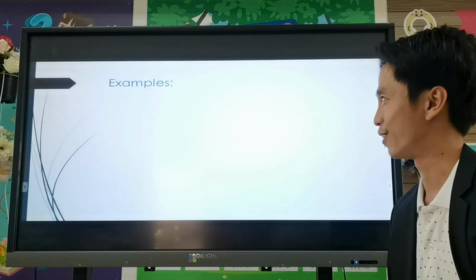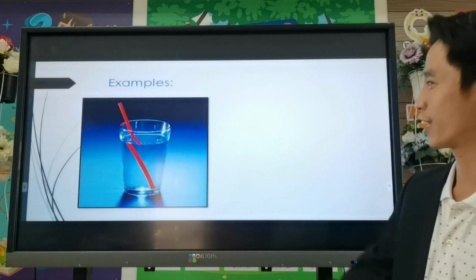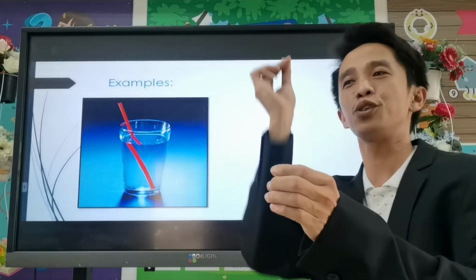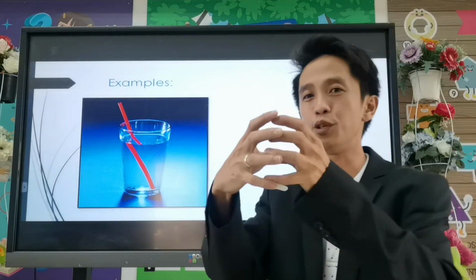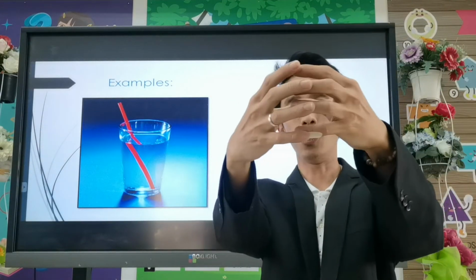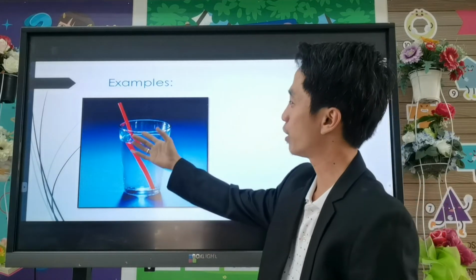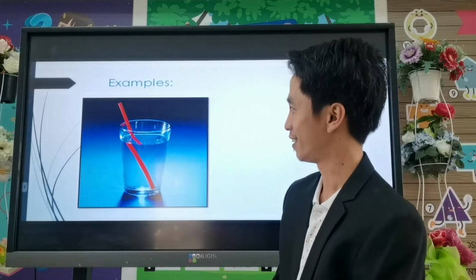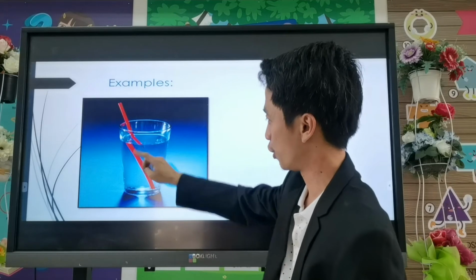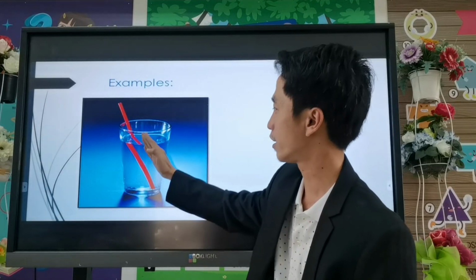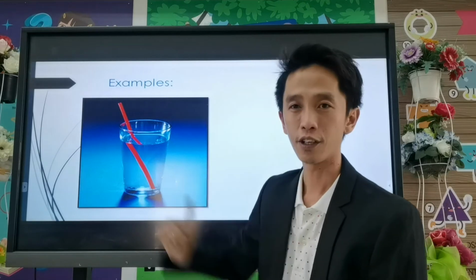Now, examples. If you have a glass and you put a straw in it and look at it in front of you, it will look like this. The straw is supposed to be straight, but because there is water, the line is refracted.